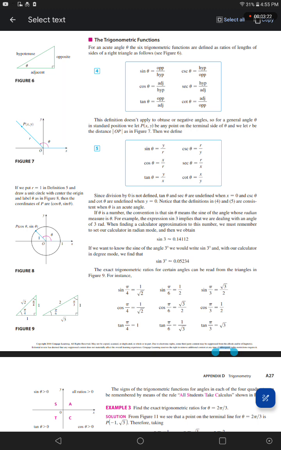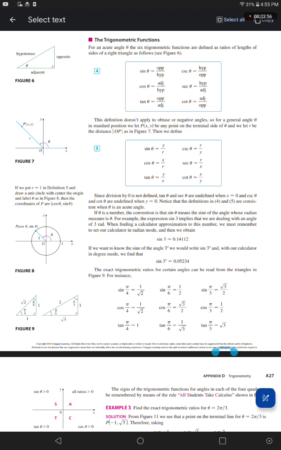See figure 8. P of cosine theta and sine theta. Figure 8, radius of 1. Cosine is the x and sine theta is the y. Back to the text.